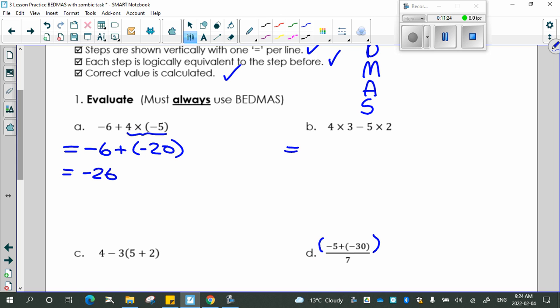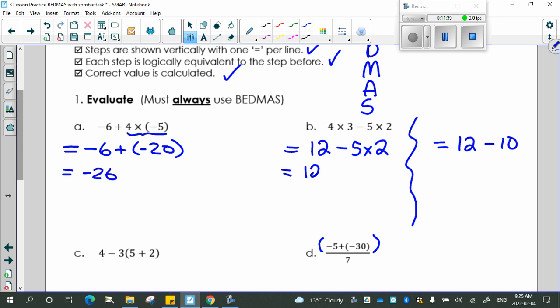I saw some people do the 4 times 3 first and keep the -5 times 2, whereas other people did both multiplications at the same time. So either first step is correct. If this was your first step, you do the multiplication second. And if this was your first step, you just go straight to 2. Both are fine. Okay?